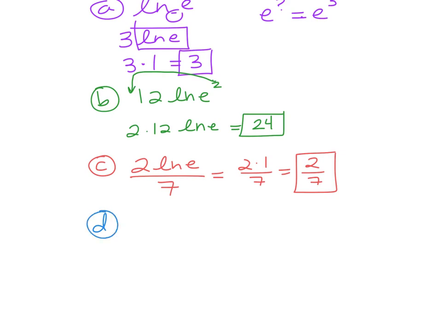That's not good. Let me go back. Sometimes you're just going to get something like this where you can't do e to what power equals 5. We can't move anything around. Sometimes you just need to plug it into your calculator. Plug this into your calculator and see what you get. Give me 4 decimal places.